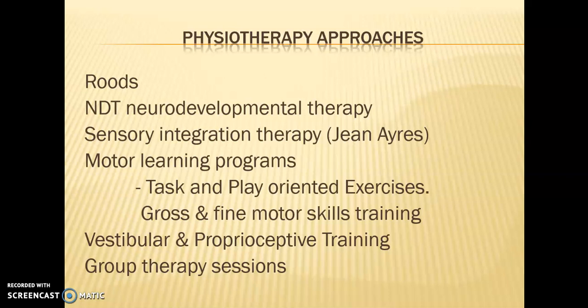You want to improve the muscle tone. So all the approaches which are used as facilitator techniques, as well as to promote the muscle tone, as well as to stabilize the joint with a proper pattern, all the techniques used by Margaret Rood are applied in the same way here for the Down child also.